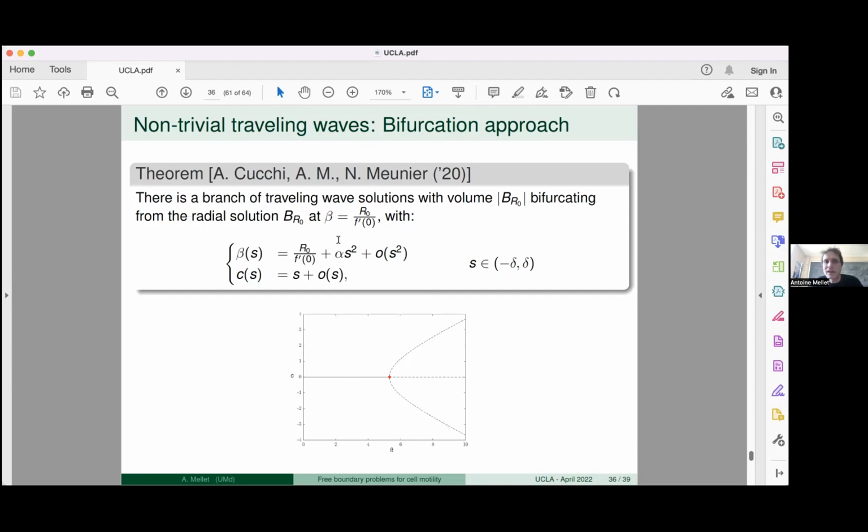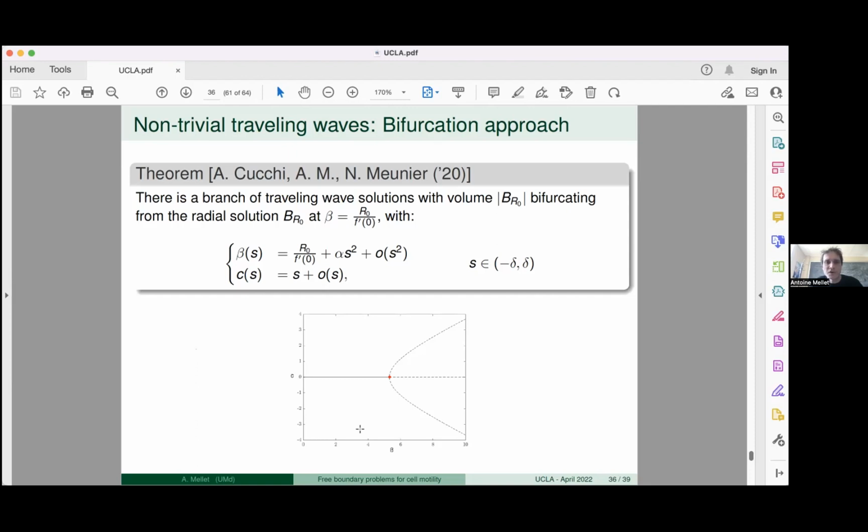So that value at which, if you remember, we see this hysteresis phenomenon gives you a pressure that might move the cell in one direction or another. That same value is also the value at which we have the first traveling wave appearing with non-zero speed, right? And again, it looks exactly like the picture we had in one dimension, with the speed here as a function of the parameter beta. You only have speed 0 up to a certain point, and then you have those two speeds.